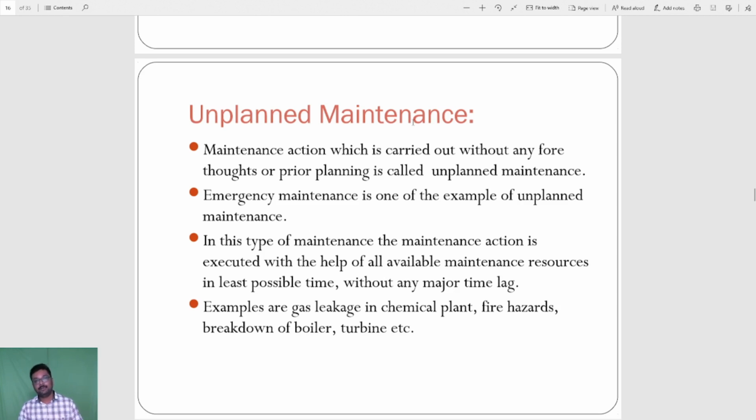Most probably, this kind of failure occurs in chemical industries, fire hazards, boilers and turbines, where we expect unplanned maintenance, because these areas are highly sensitive. There are many case studies and examples in the world about unplanned maintenance, because it is a very serious issue. All industries and plants need to take care of unplanned maintenance.